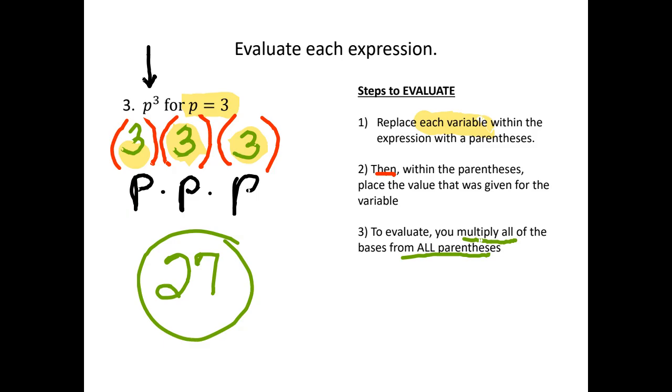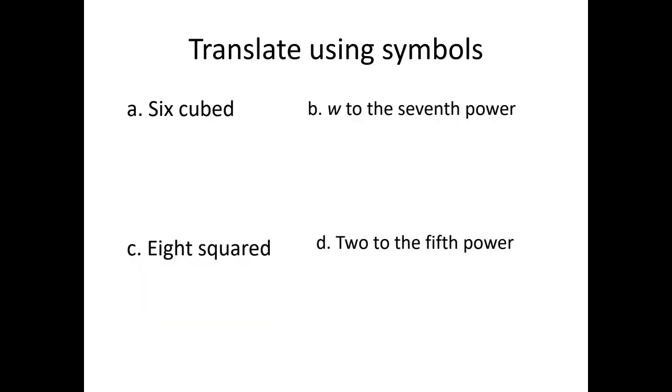Okay. Now we're also going to translate using some words that we talked about in a couple of prior slides. Now notice it's saying to translate. It's not asking us to evaluate or give them an answer. Just read and translate what the English words are to math language.